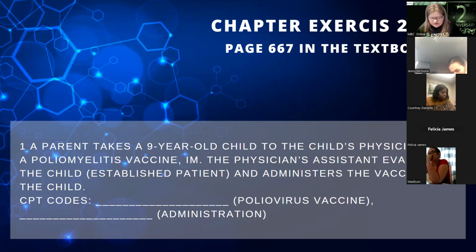Now, I do see under administration where they have immunization, and then it indents down and gives you a couple of options. But under immunization, it also says occlusive substance and pharmacologic agent.